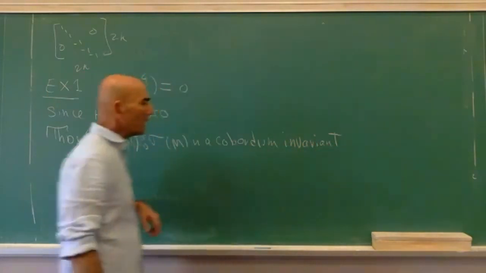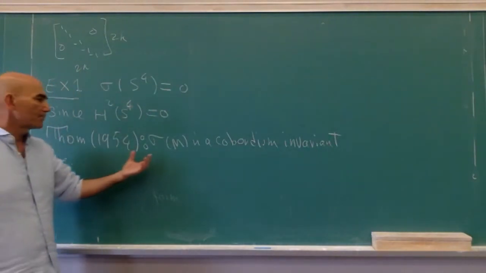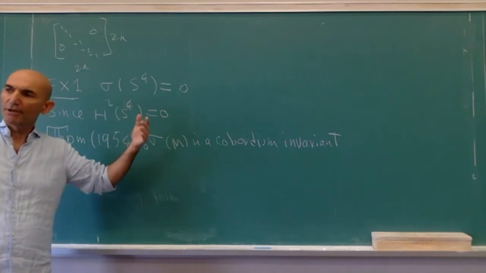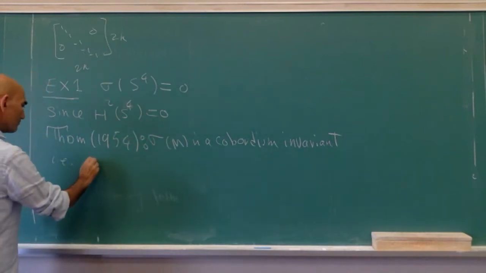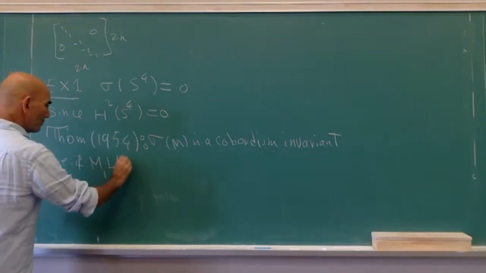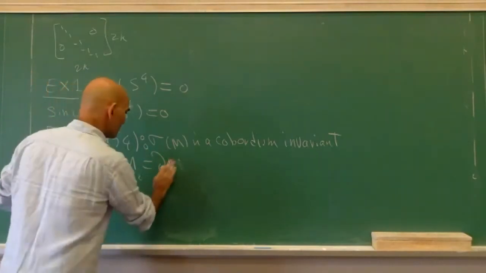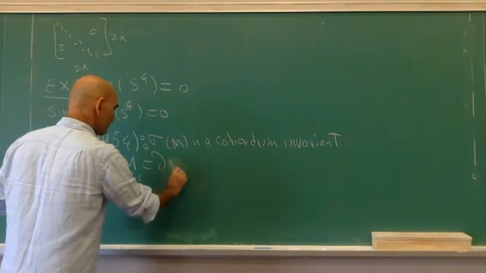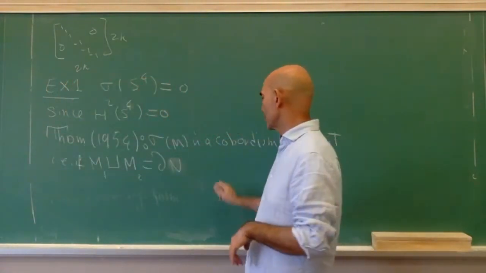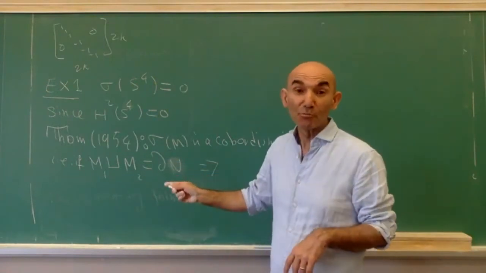What does that mean? It means that if M1 and M2 are such that M1 union M2 is equal to the boundary of some manifold N, then the signature of M1 is the same as the signature of M2.